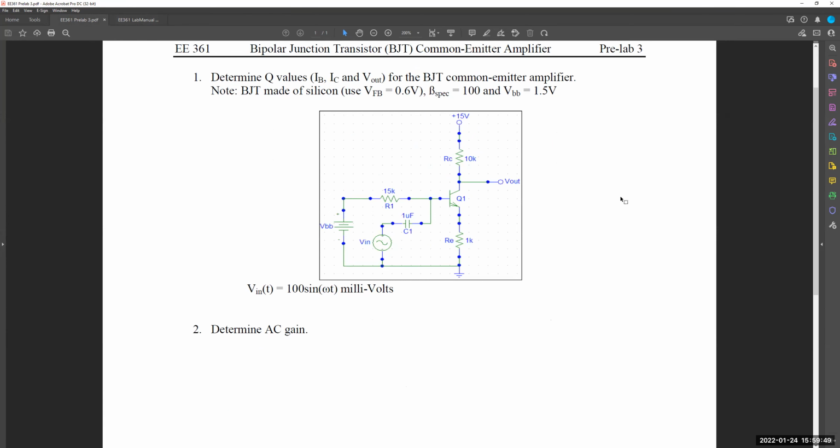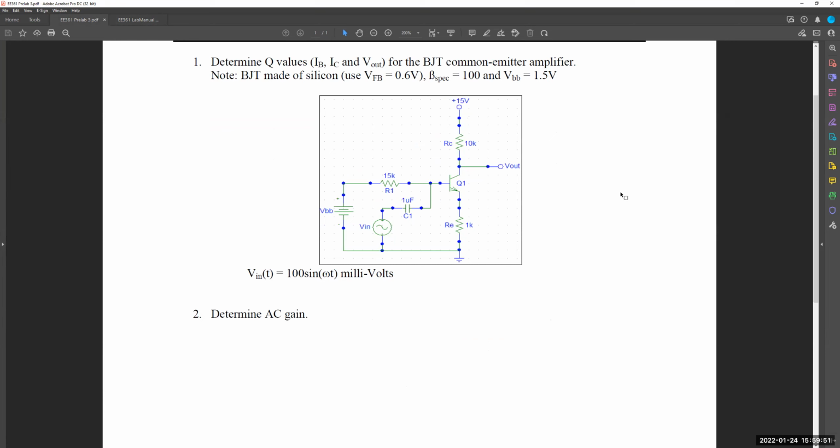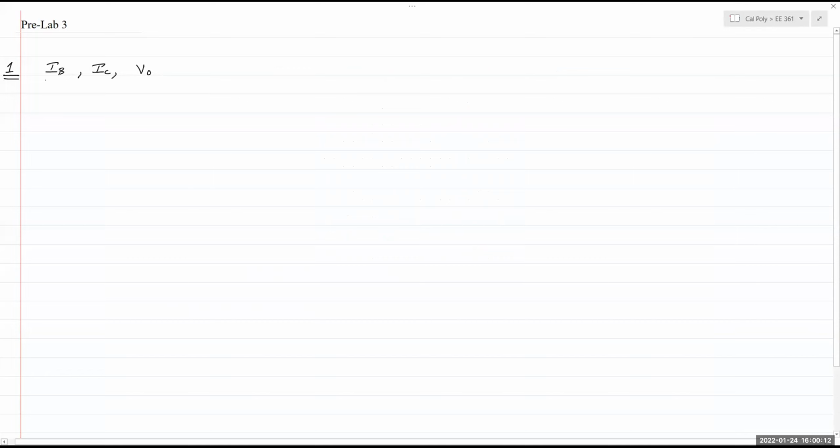Question number 2. Determine the AC gain for the circuit. AC gain is basically V out over V in. So we are done with question number 1. 2 is AC gain.